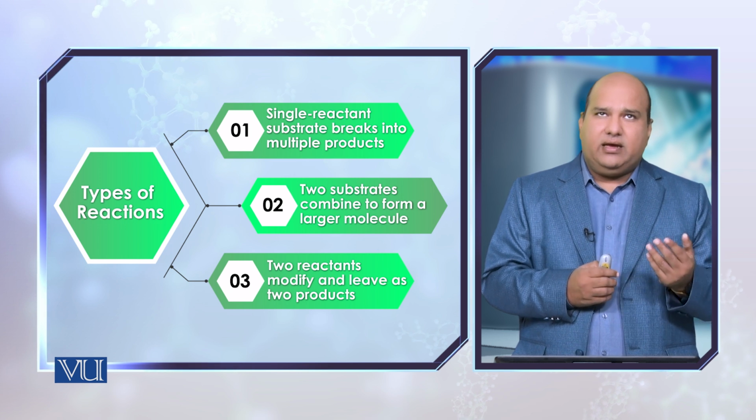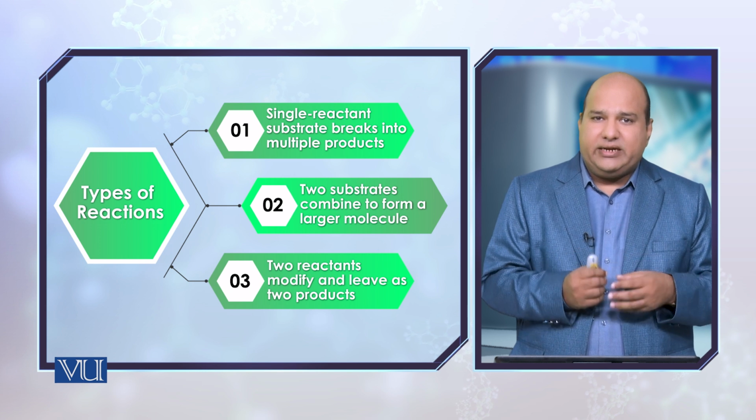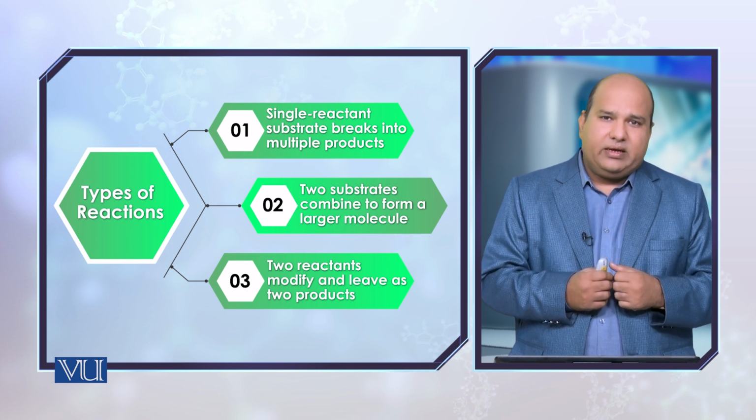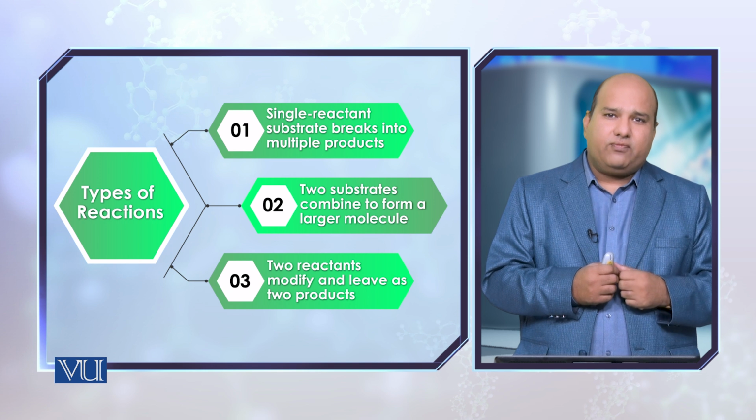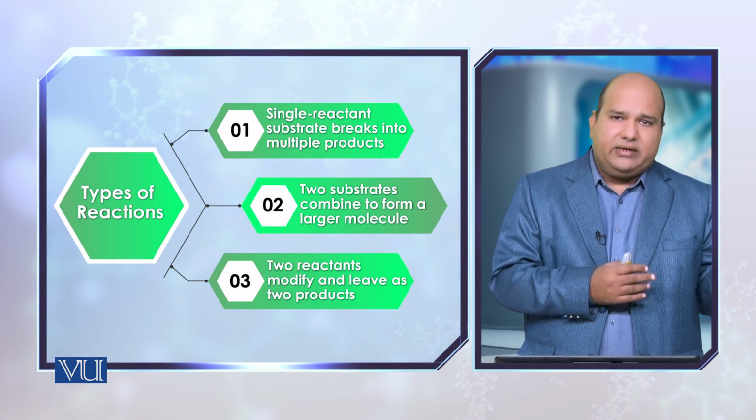For instance, you have gone through the process of transamination in protein synthesis, a very important reaction as far as the synthesis of amino acids is concerned. There, alanine and alpha-ketoglutarate act as the reactants, and both of them undergo certain modification because of the reaction, and it leads to the formation of glutamate and pyruvate, two new products.